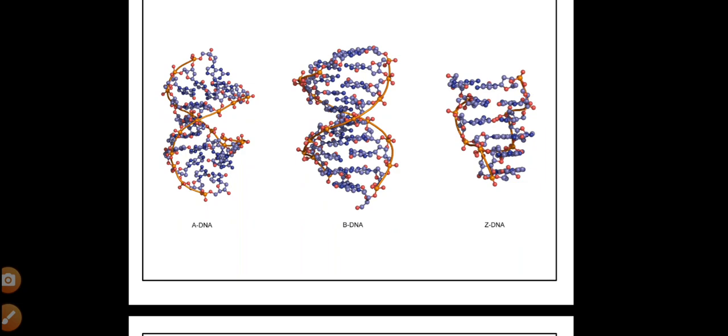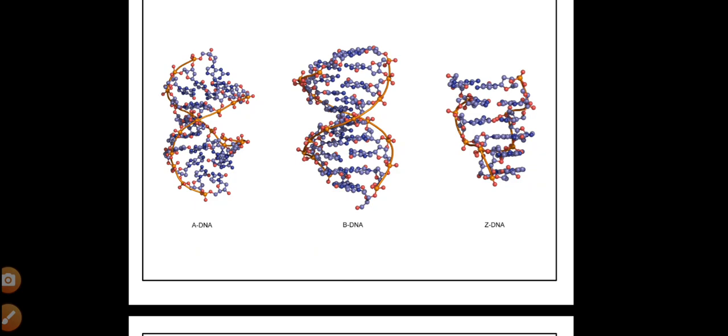Here, the Watson and Crick model DNA is B DNA. It is the classical regular model, B DNA. Whenever the B DNA experiences dehydration or high salt concentration, it can turn into A DNA, right?